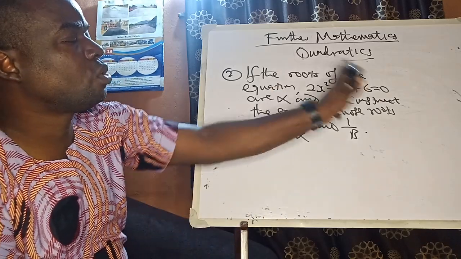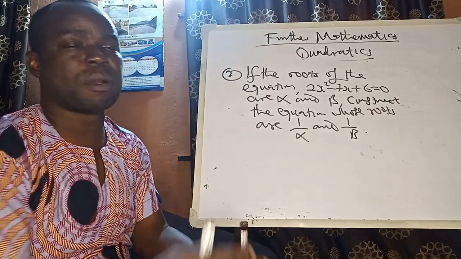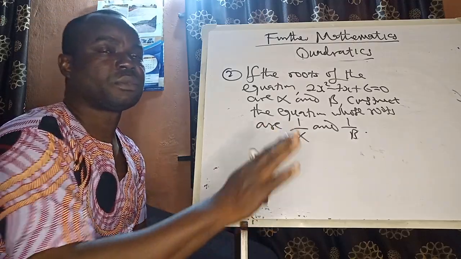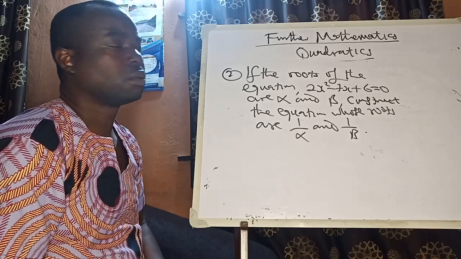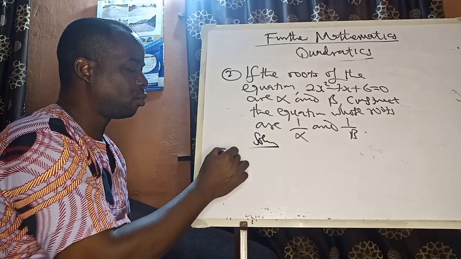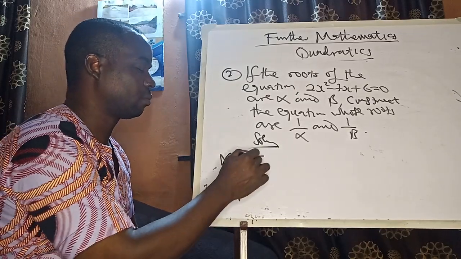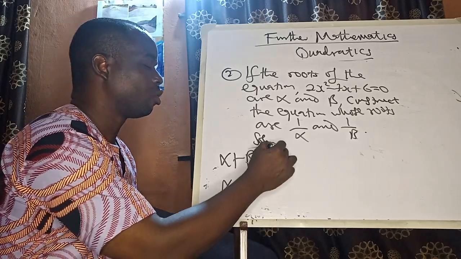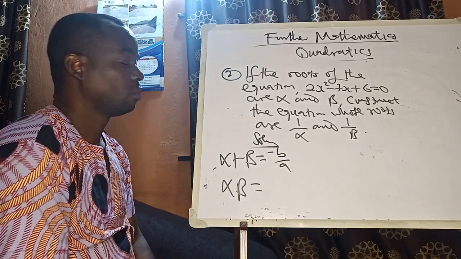If you see a question like this that is talking about alpha beta, before you do anything on the question, first of all, find your alpha plus beta and find your alpha beta. What's our formula for alpha plus beta? Minus b over a.